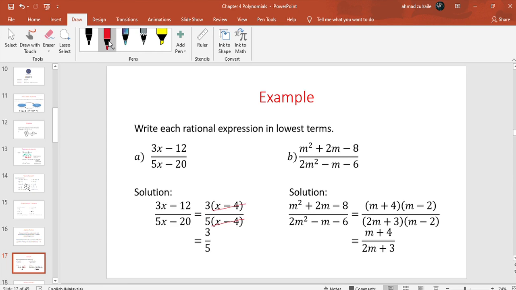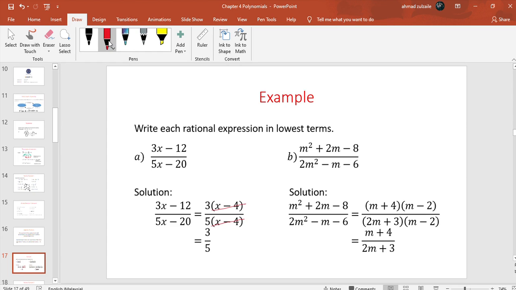So for question B, I believe you can use your calculator to find the factors. If you use your calculator for the numerator, then you have m plus 4, m minus 2.